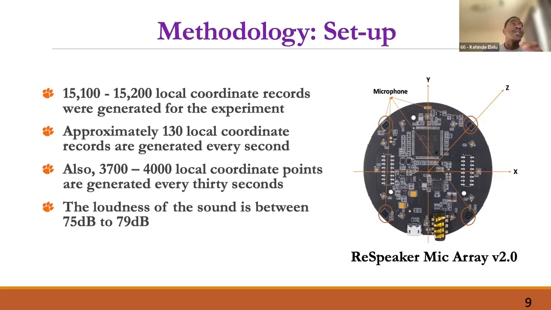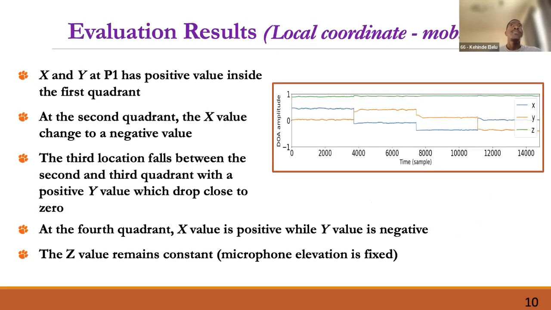For the experiment, we measured the loudness using a decibel meter, and the range of loudness is between 75 and 79. The bulldozer result is shown here, where we move the equipment from one particular location to another. The result ranges from -1 to 1, and the local coordinate point for the X and Y axes is positive for the first quadrant.